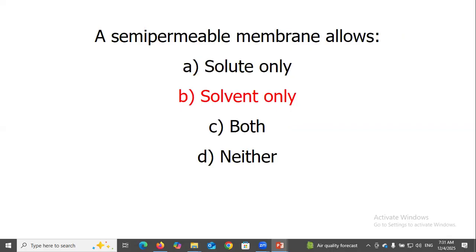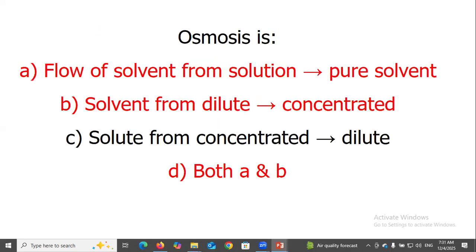A semi-permeable membrane allows solute only, solvent only, both, or neither. A semi-permeable membrane allows solvent only. Osmosis is flow of solvent from solution to pure solvent, or solvent from dilute to concentrated.